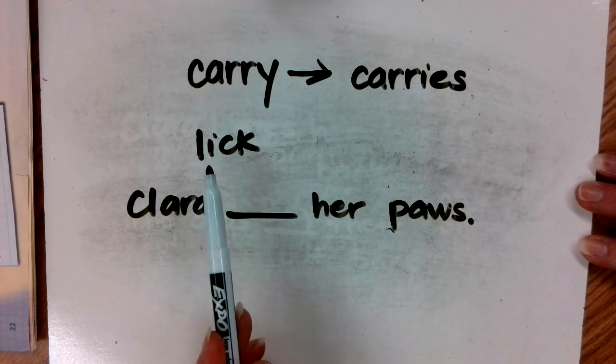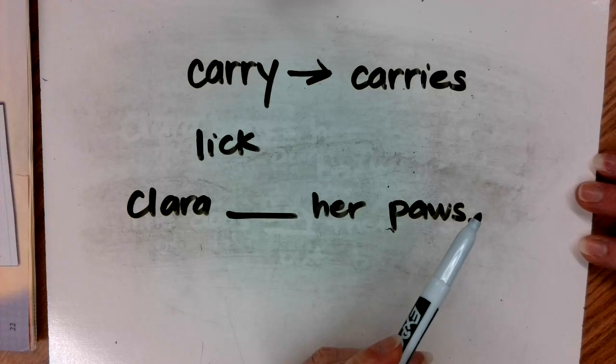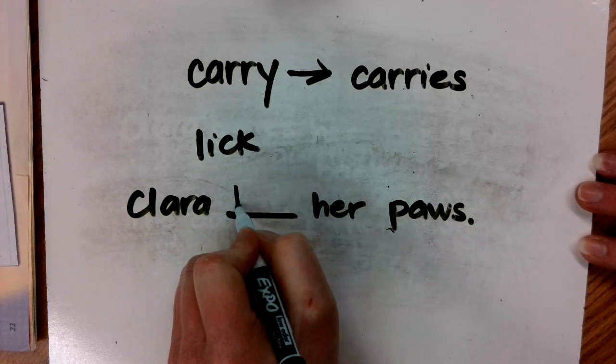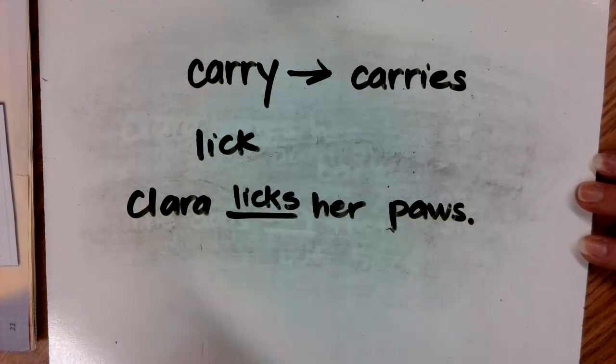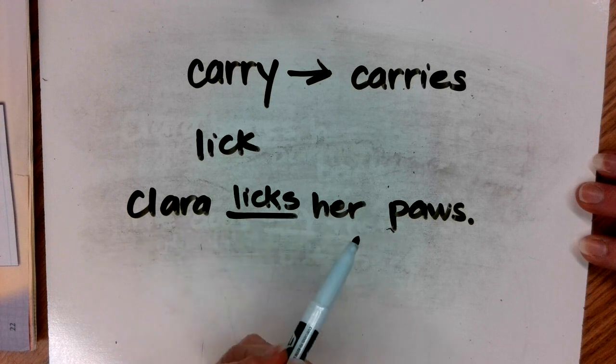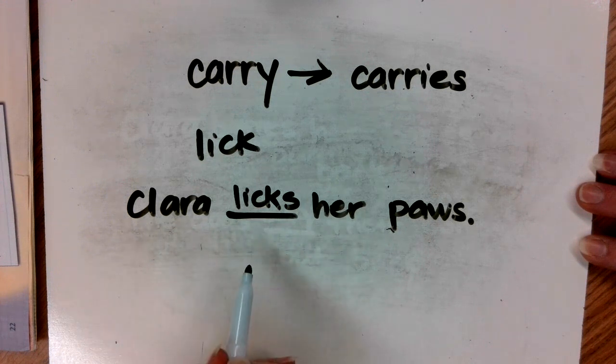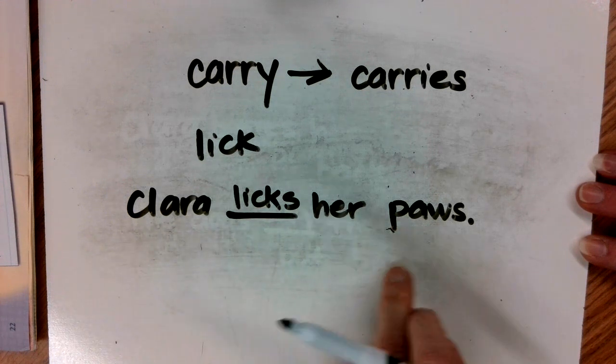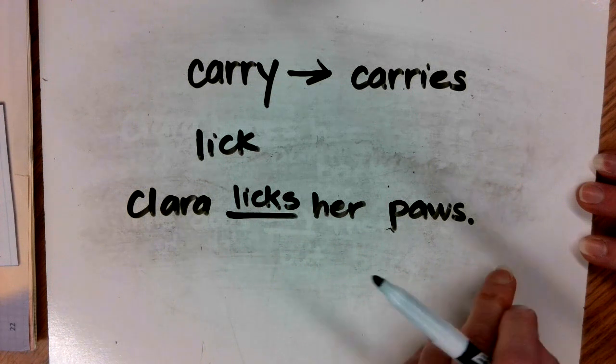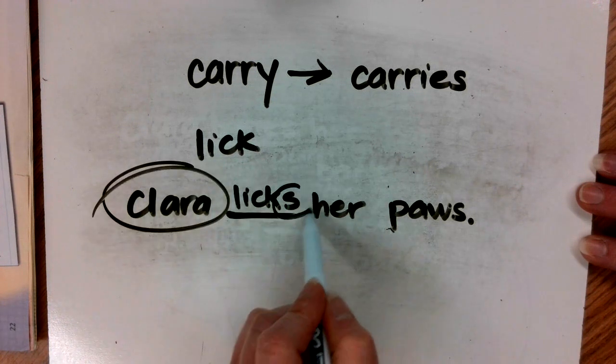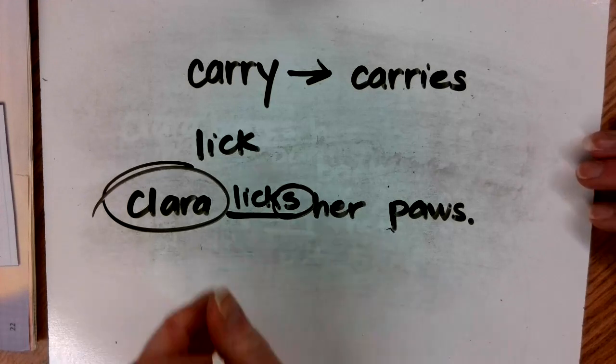Would I say Clara lick her paws? No, I would say Clara licks her paws. All right. But if we said the dogs, we'd say the dogs lick their paws. So Clara is singular, so we put an S on that verb.